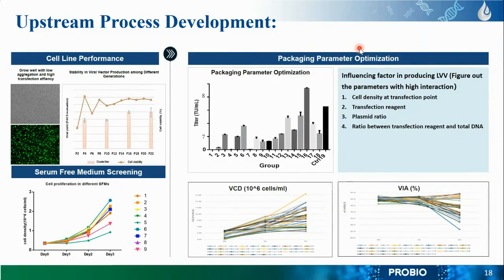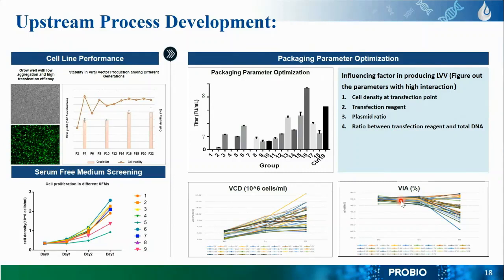For example, what's the cell density and what's the cell viability, and also the enormous impact on the later steps like purification steps. The higher increase in host cell protein, host cell DNA, and cell debris, for example, will be a burden for the downstream process for the purification.